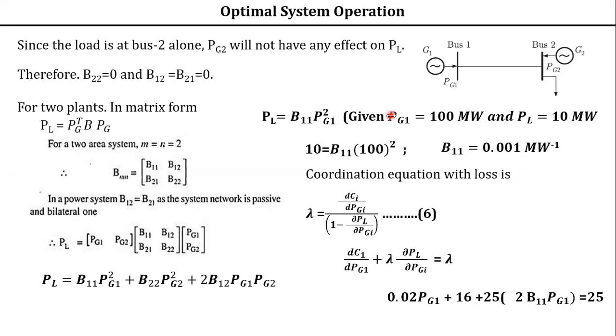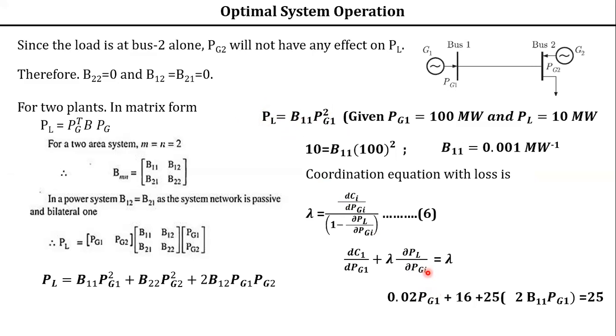Differentiating the PL equation, Abhishek Sharma. Yes, that is the right answer. So this is the PL equation we got. So dou PL by dou PG1, here you can write PG1 instead of PGi, since we are treating the first plant, so i is equal to 1.